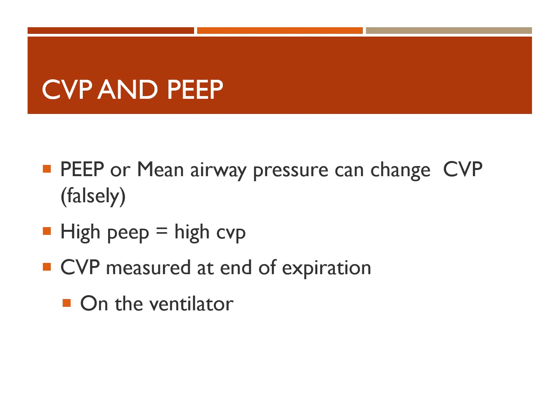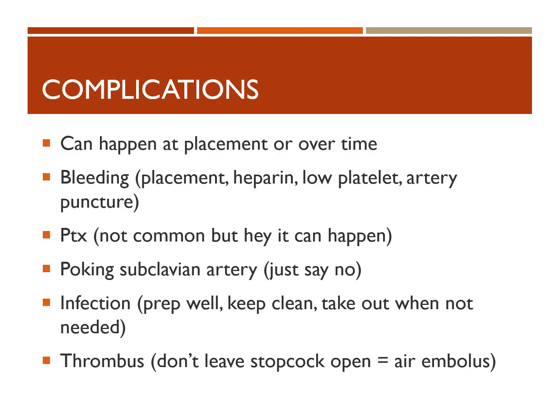Is it trending higher? Is it trending lower? So it's still valuable information. We're just not going to go off the normals. I don't know if that makes sense. So measured at end exhalation on a ventilator, it'll be falsely high. You just got to remember that at the end of exhalation, that's when we're going to see that, and we're going to trend it to help tell us about the patient's situation.